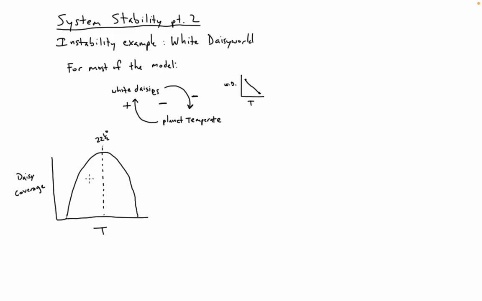Okay, so on the left side here, we have this negative feedback that we drew earlier. So if the temperature goes up, so let's say we're here, temperature goes up, then more daisies are going to grow. That's what we have with this coupling here. But if we get past this line and the temperature goes up, the number of daisies decreases.